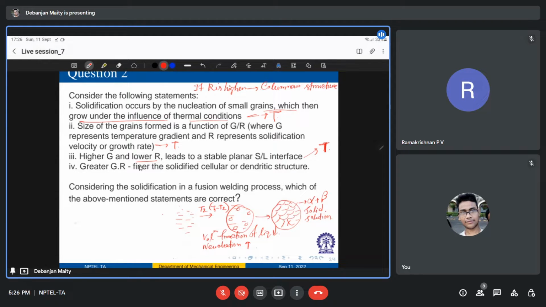If we are doing some arc welding here, this will be your peak temperature where the melt pool is, and there will be heat affected zones here.